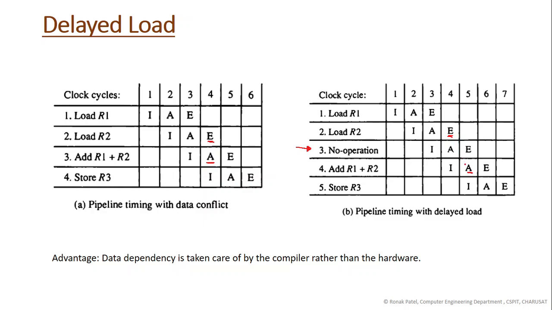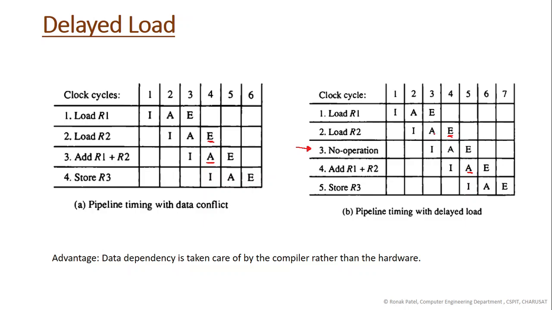So now that problem, the data conflict, is resolved. With the help of this no operation instruction, we have resolved that data conflict. This is called a delayed load, right? This is called a delayed load.